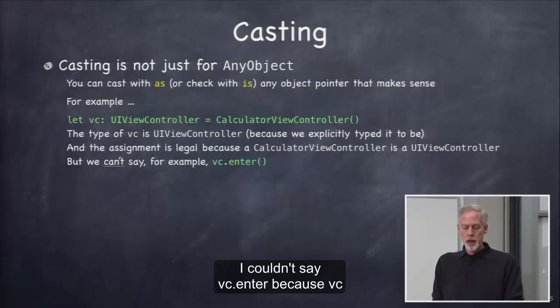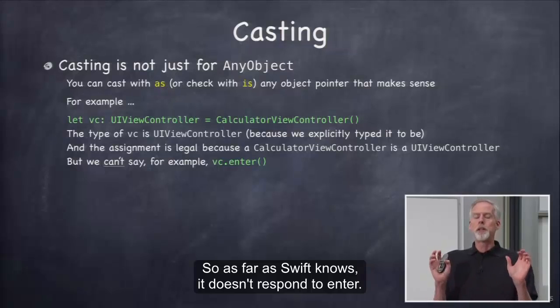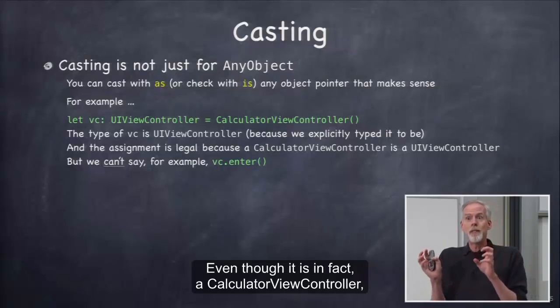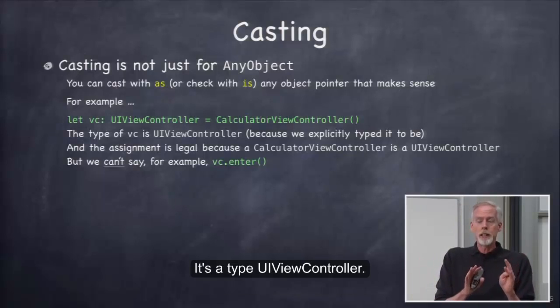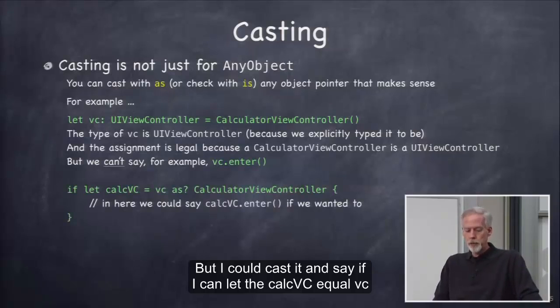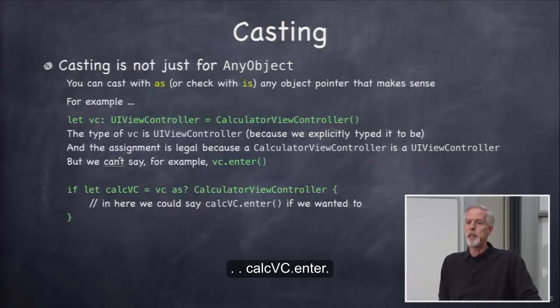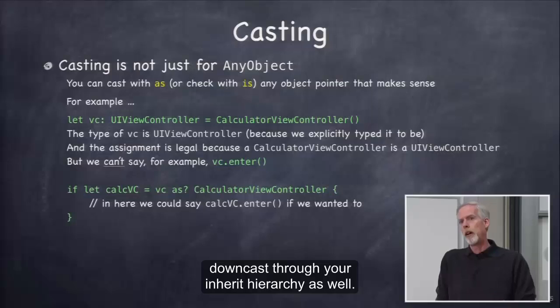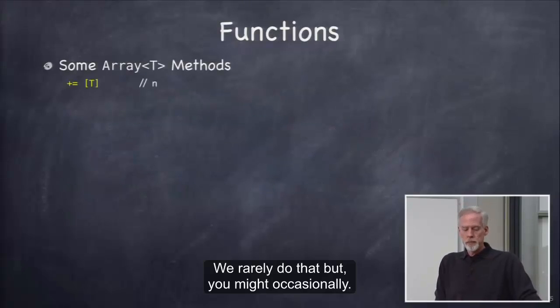I couldn't say vc.enter because VC is a UI view controller. So as far as Swift knows, it doesn't respond to enter. Even though it is, in fact, a calculator view controller, from Swift's point of view, that local variable is not. It's of type UI view controller. But I could cast it and say, if let calc VC equal VC as a calculator view controller, now I can say calc VC.enter. Okay? So you can downcast through your inheritance hierarchy as well. You rarely do that, but might occasionally.